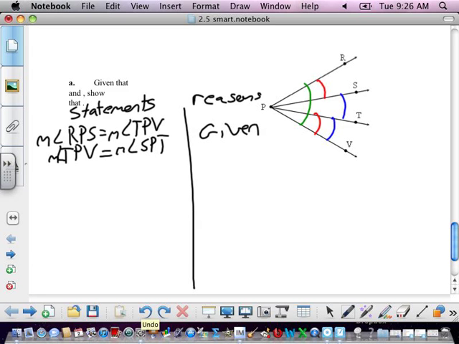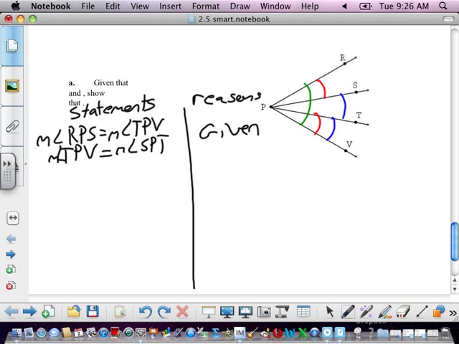Okay. So do we remember what that's called when we've got, I know the red ones are equal, so RPS is equal to TPV, and TPV is equal to SPT. So can I say that RPS is equal to SPT?